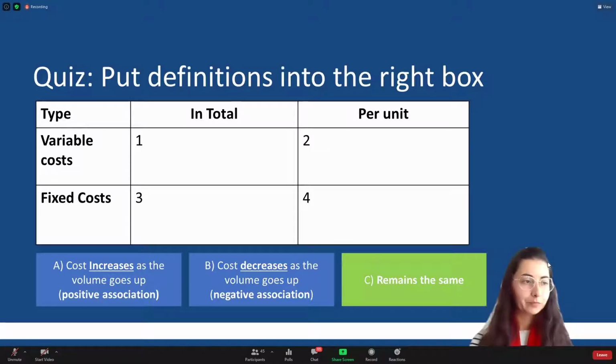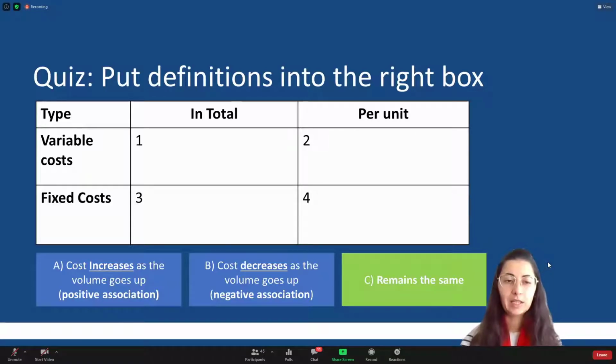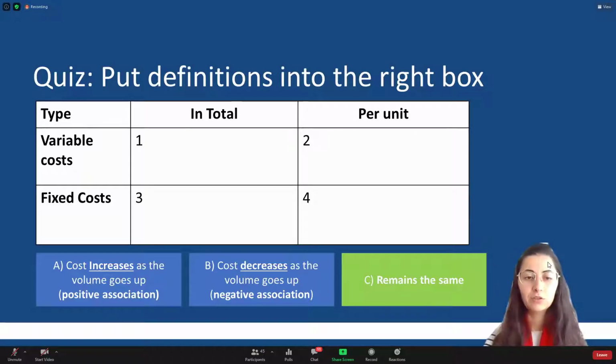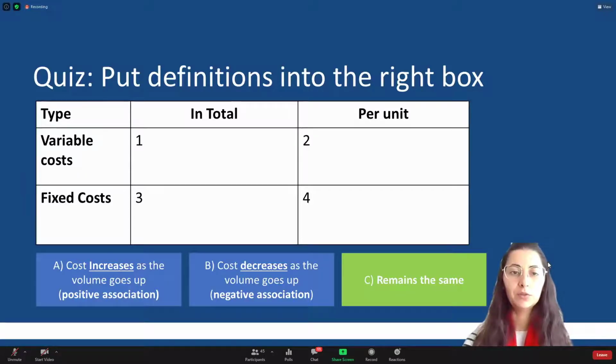So box A, which says that the cost increases as the volume goes up. There's a positive association. So this should be going to box 1, to box 2, to box 3, or to box 4.